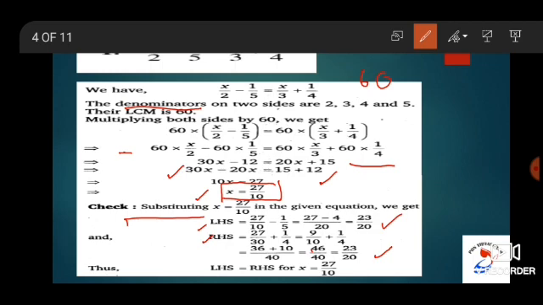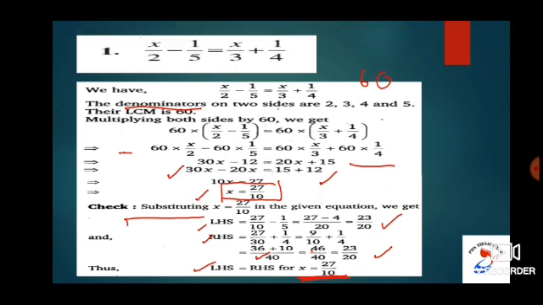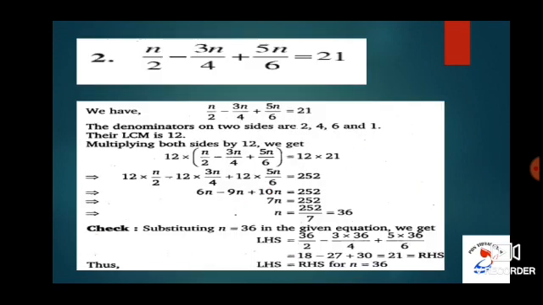From this, you can understand, when you substitute the value for x as 27 by 10, the result is satisfied on both left hand side as well as on right hand side. So, in the first problem, we have found the value for x and we have checked the result also. This completes this problem. Now, let's move on to the next problem.